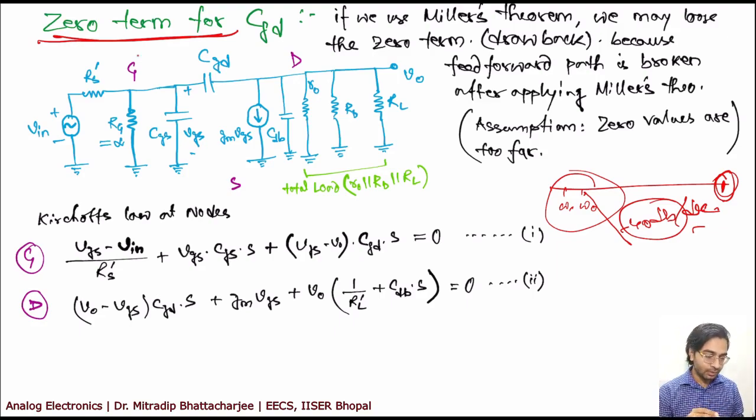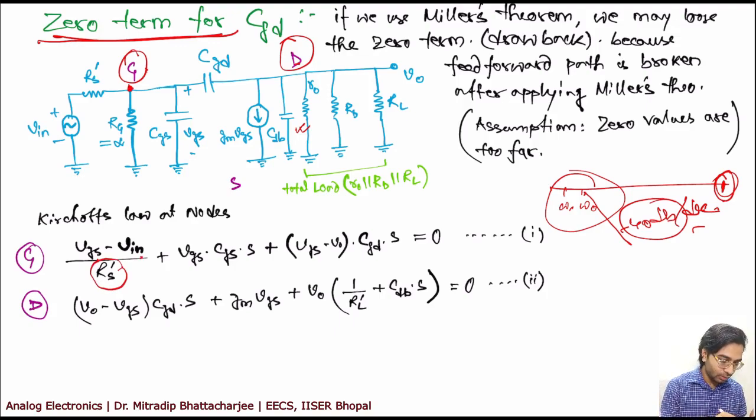So let us see if we consider CGD and just apply normal Kirchhoff's law and figure out what the transfer function is. If we consider G and D nodes, here I have also considered CDB. In the G node, the current equation will be: VGS minus Vin over RS dash.